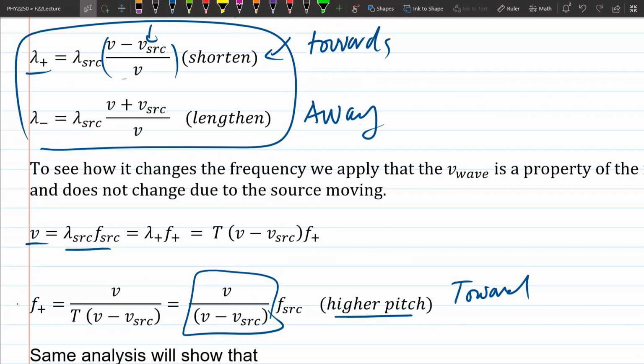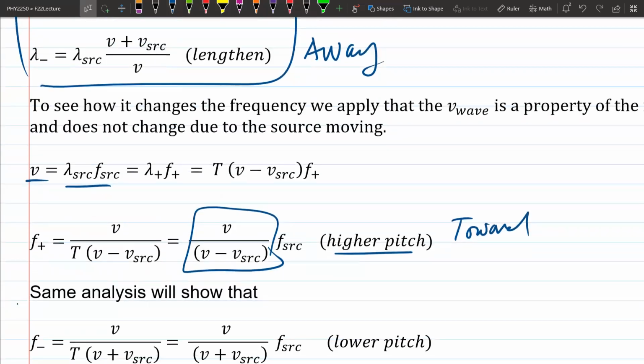So therefore, if you are going towards the train, now you have a number, let's say once again, 350 divided by 350 minus 50. So that's a number that's bigger than 1, and you're multiplying by that the frequency of the source, you're going to get a bigger number. Therefore, as the train approaches you, it'll have a higher pitch, the wee sound, okay?